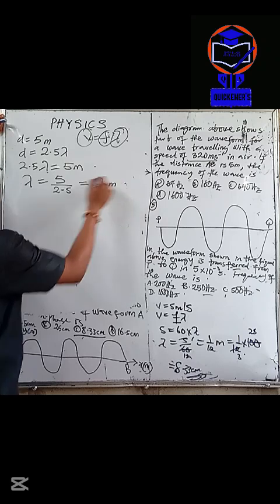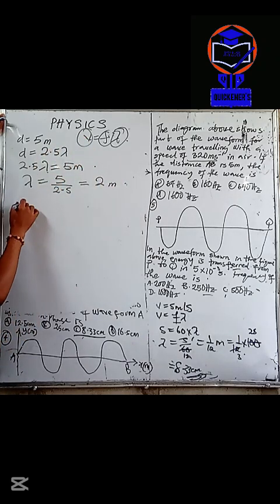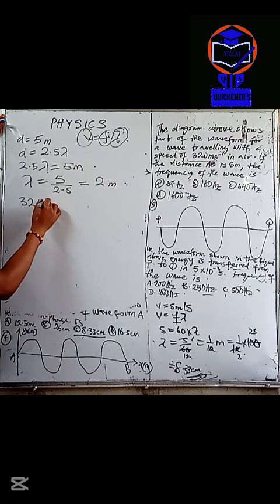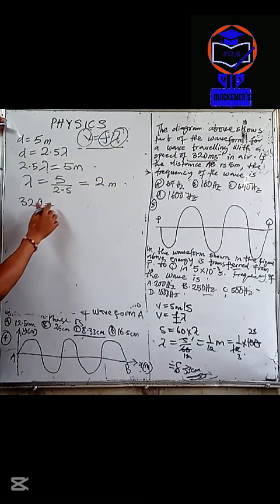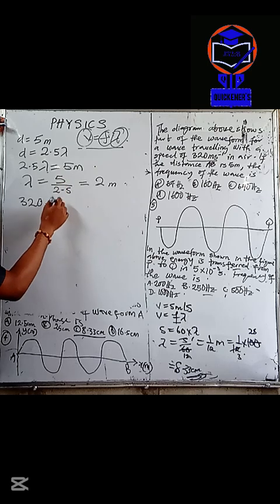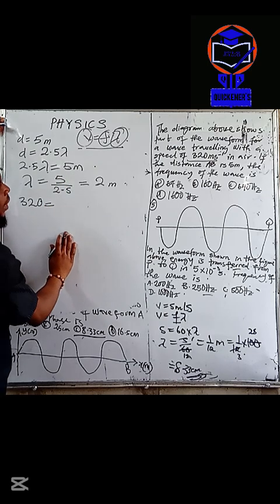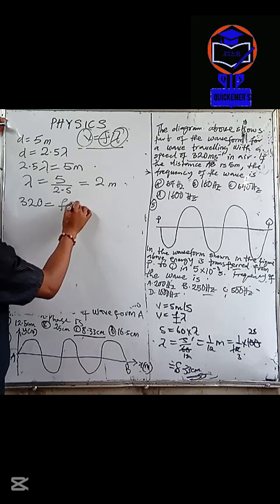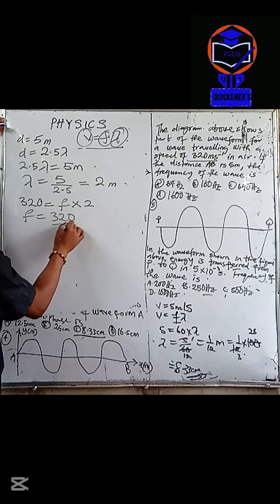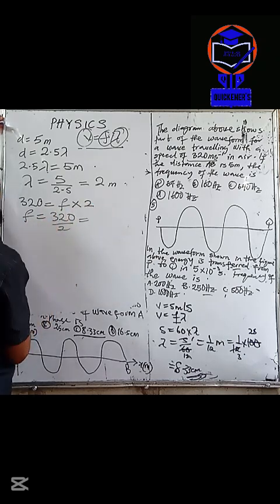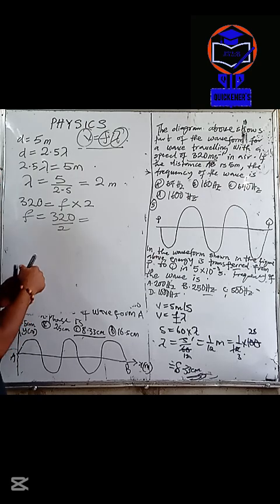So you can put 2 there. So 320 meters per second, applying the formula v is equal to f lambda: 320 is equal to f, which is what we are looking for, times 2. So f is 320 over 2, and that will be 160, right?